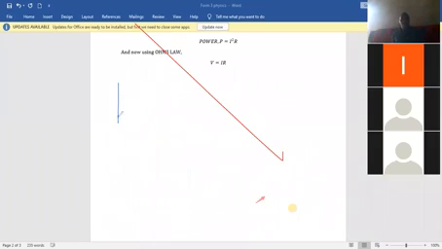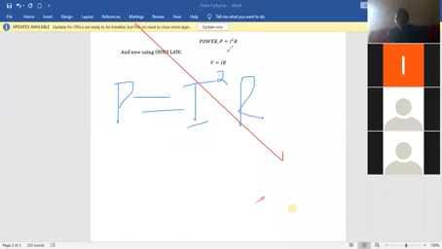Now we have power. I have forgotten how to write the letter P. I squared. Now let us use Ohm's law.